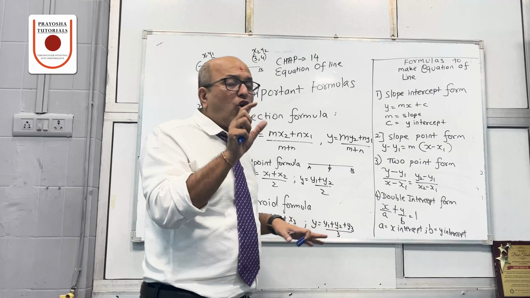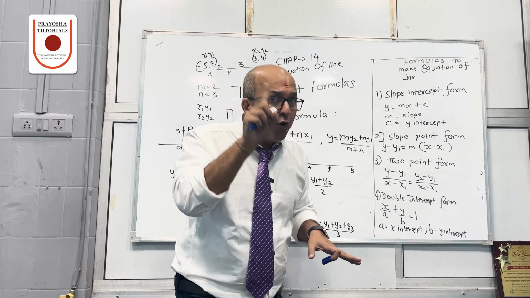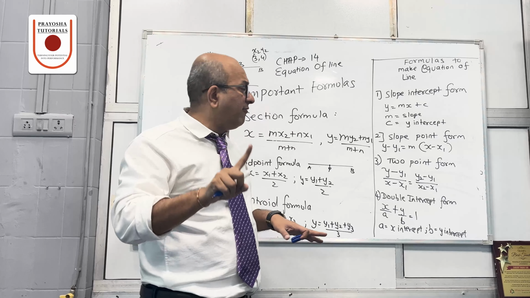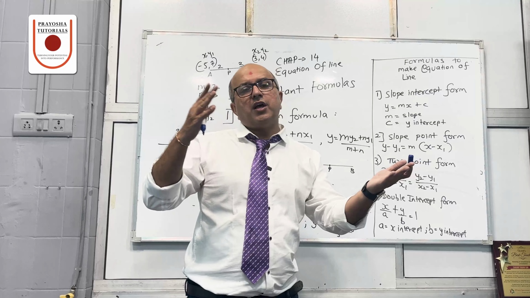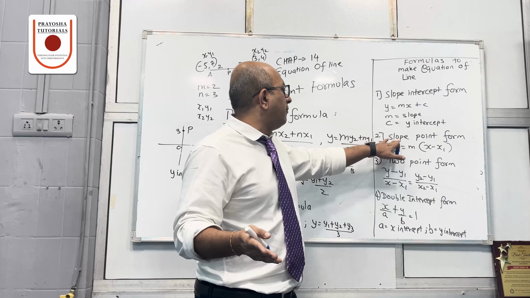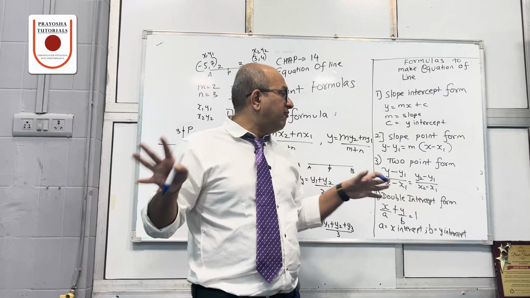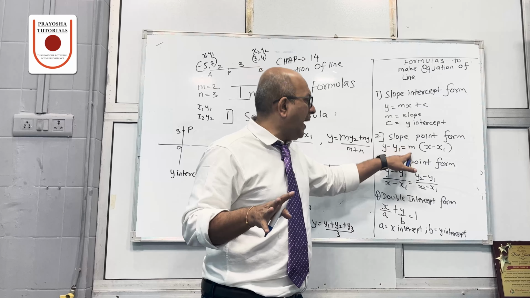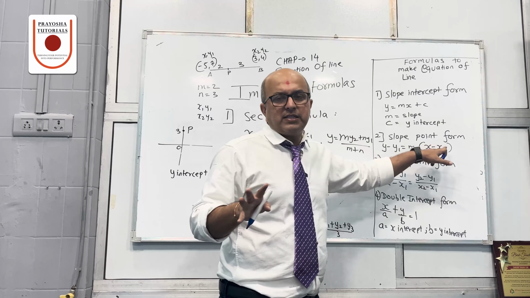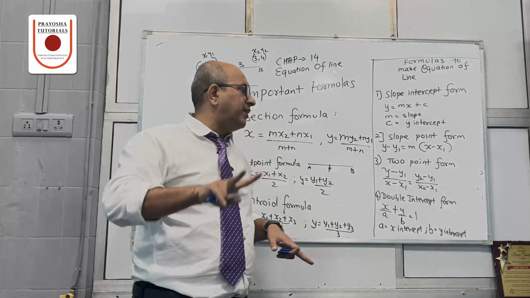So when we have the coordinates x1, y1, meaning one point, and we have one slope, we use the slope point form, which is y minus y1 is equal to m bracket x minus x1. So that was the second formula.